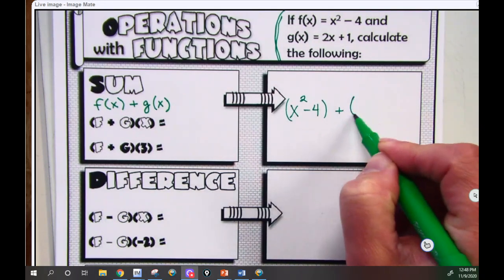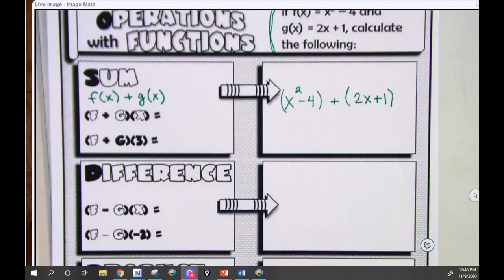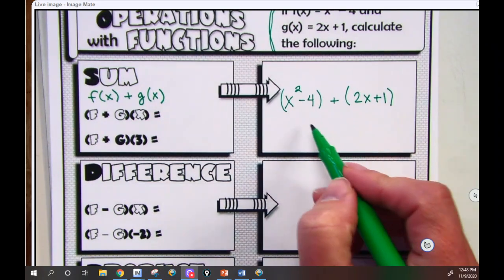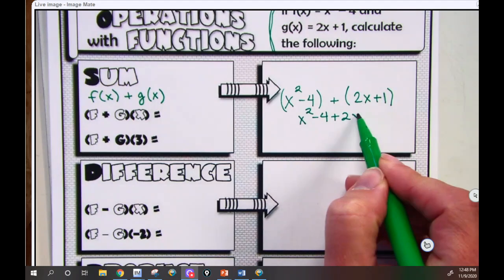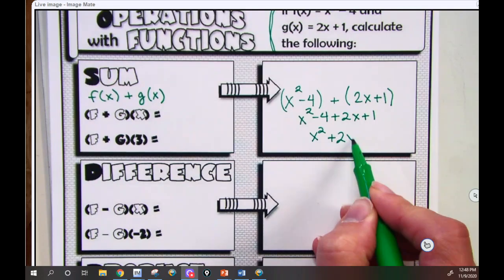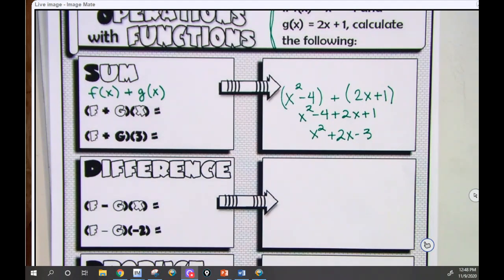Here is g of x. Go ahead and combine any like terms. Is that what you guys got? Good.